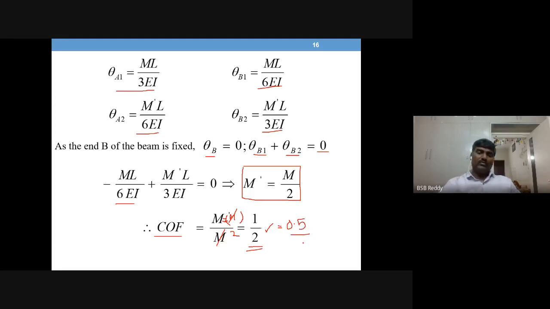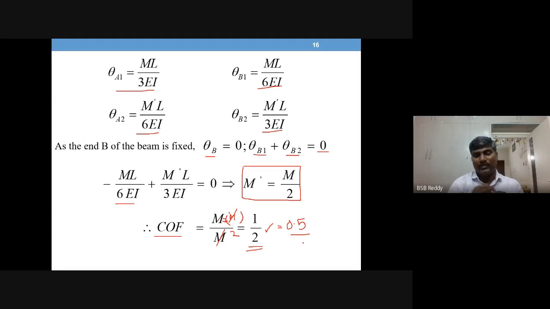So it's very simple. If you apply capital M at one end, if the far end is fixed, this is important, you have to be careful with this. If the far end is fixed, then only it is 1 by 2.